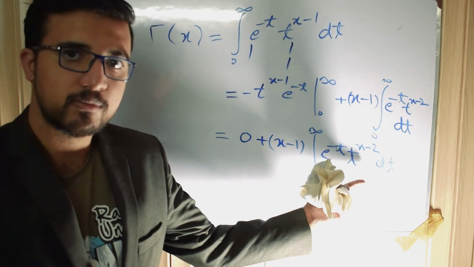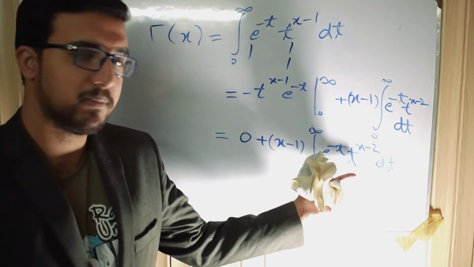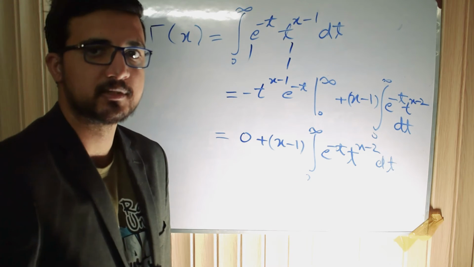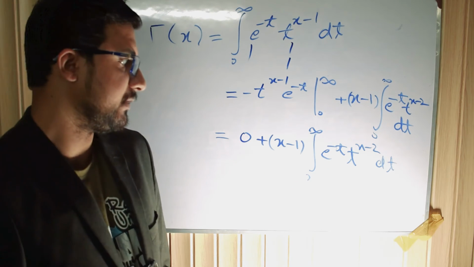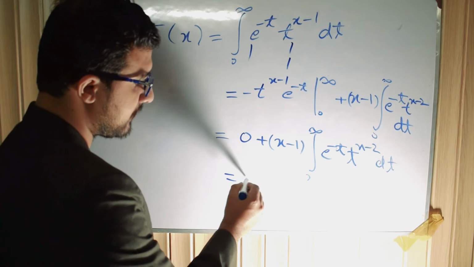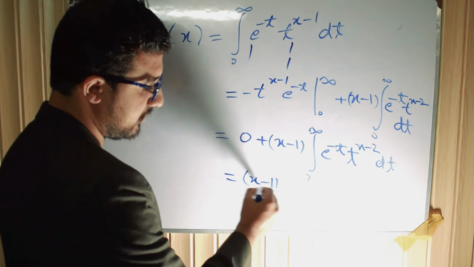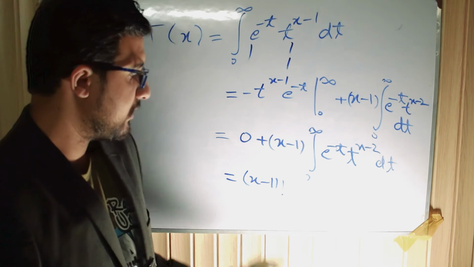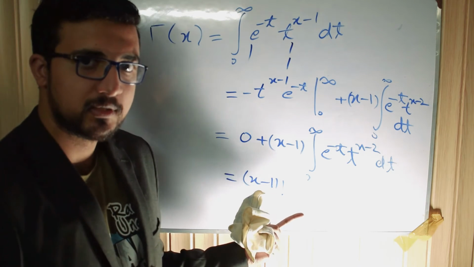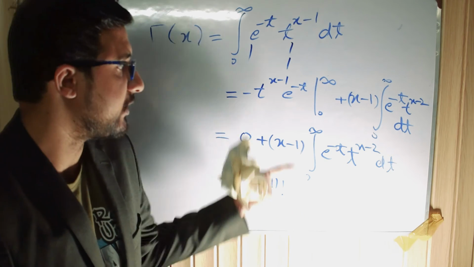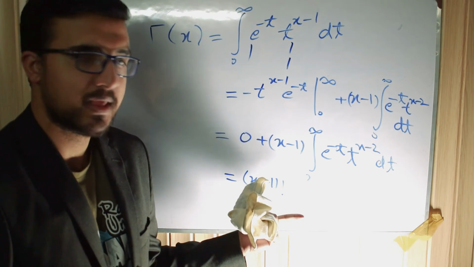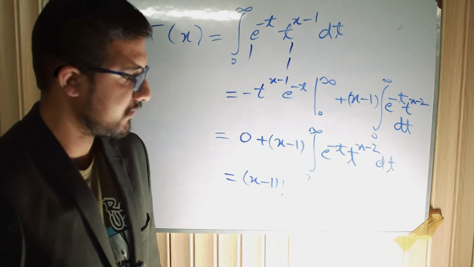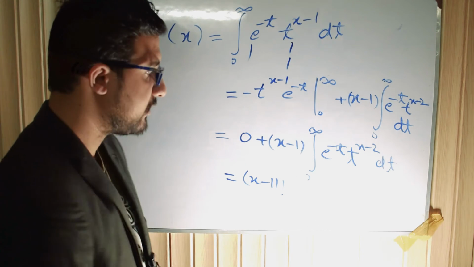If we continue to integrate by parts, we will get x minus 1, x minus 2, x minus 3, and so on, and at the end we will get x minus 1 factorial. Now this x minus 1 factorial comes after integrating by parts, and if we substitute x equal to 1 here, then what will we get?